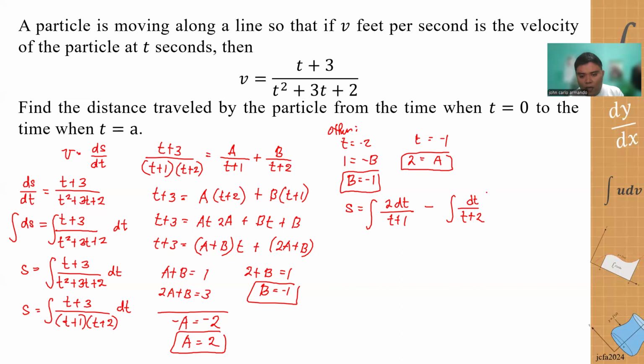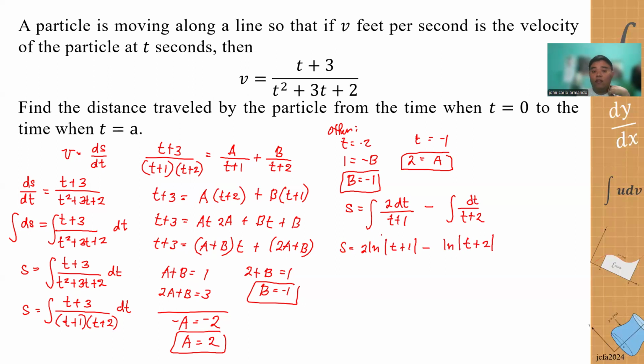And that is simply ln, right? So lalabas yung 2. So 2 ln absolute value of t plus 1 minus ln absolute value of t plus 2. Okay? Then, this is the indefinite integral. Okay? That is our S.